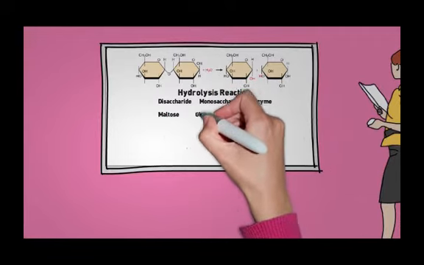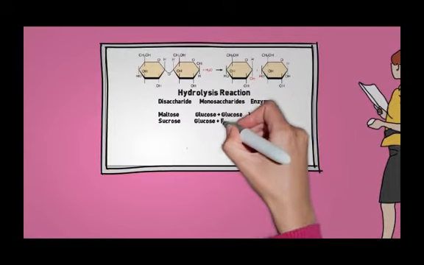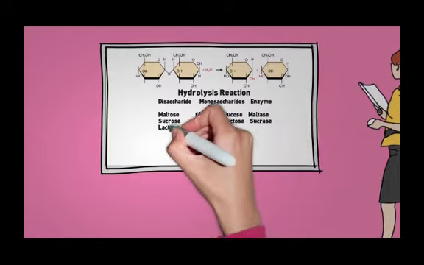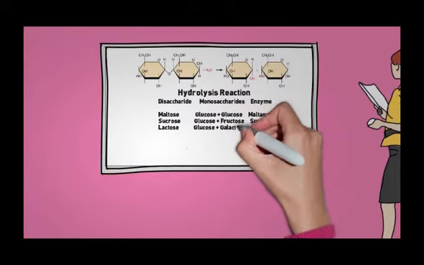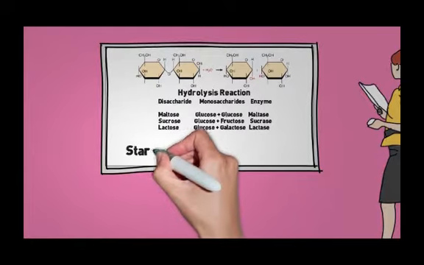This reaction occurs in our digestive system with the aid of enzymes that are specific for each of the 3 disaccharides. The enzyme maltase is required to break the disaccharide maltose, the enzyme sucrase is required to break sucrose, and the enzyme lactase is required to break lactose.